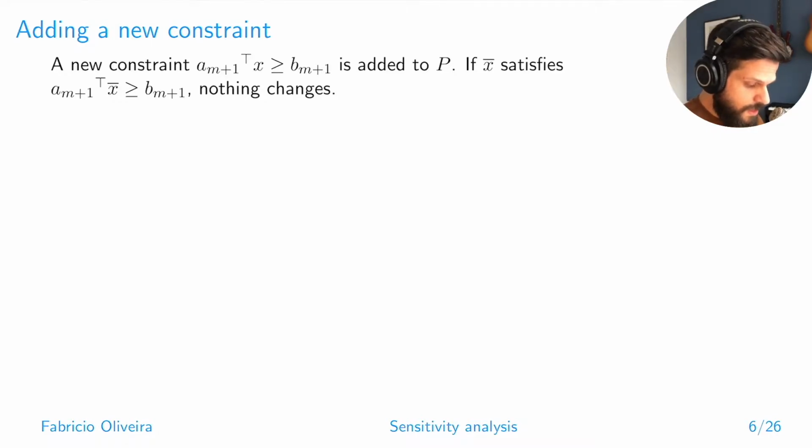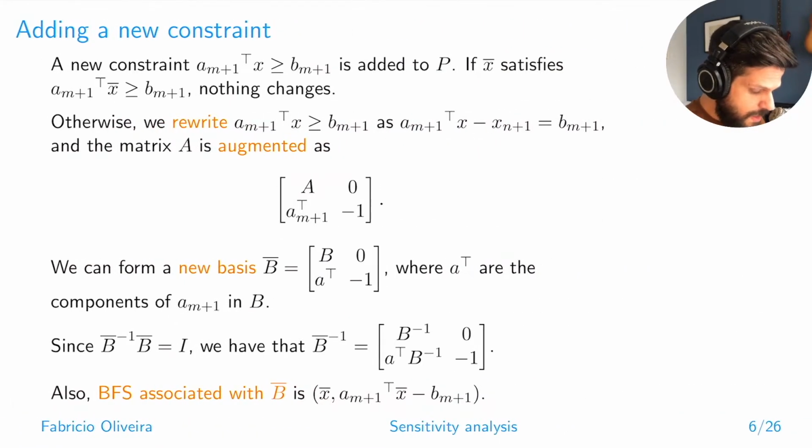The interesting case is the case when this constraint happens to remove the current optimal solution. Remove in a sense that the current optimal solution is infeasible in terms of this constraint. So graphically, it kind of looks something like this.